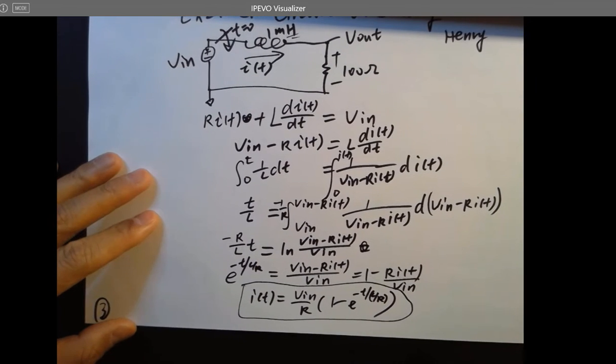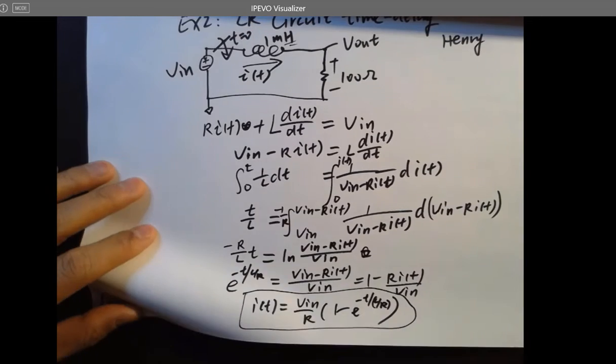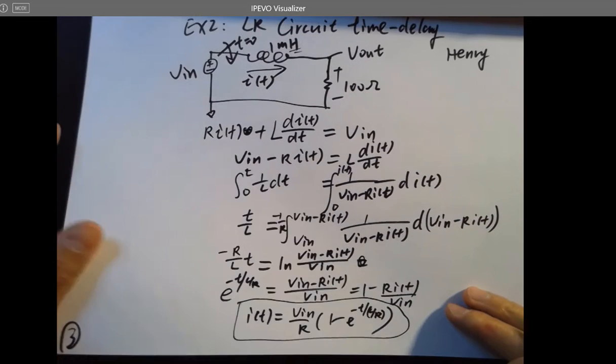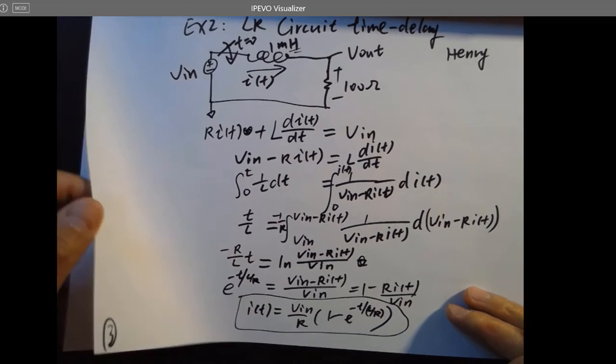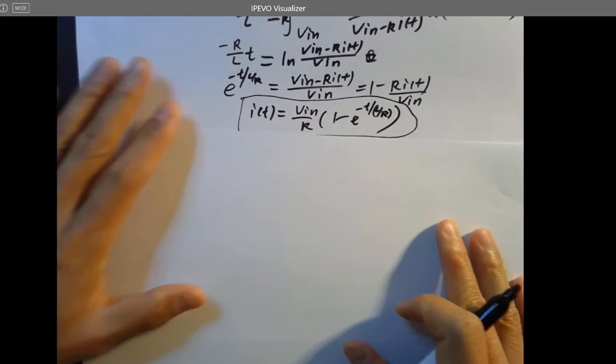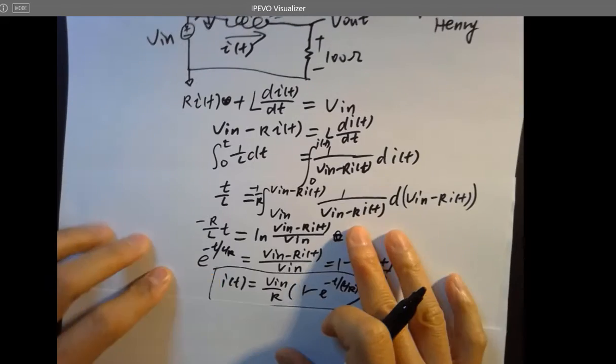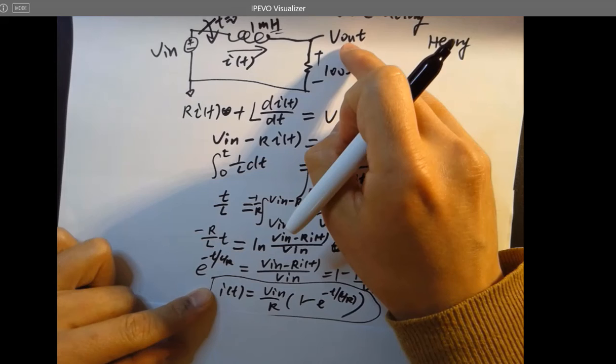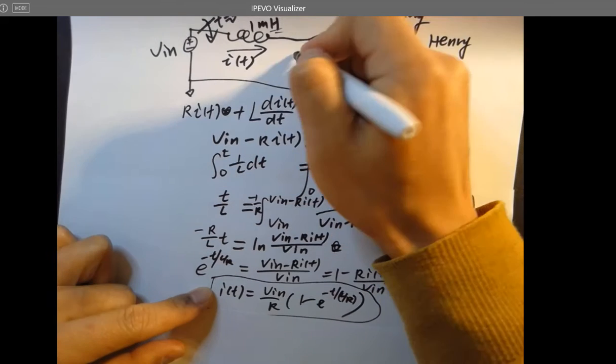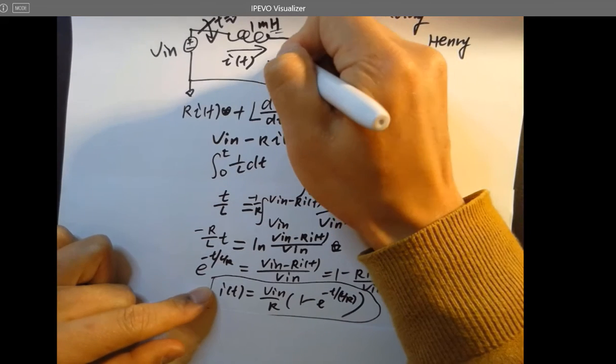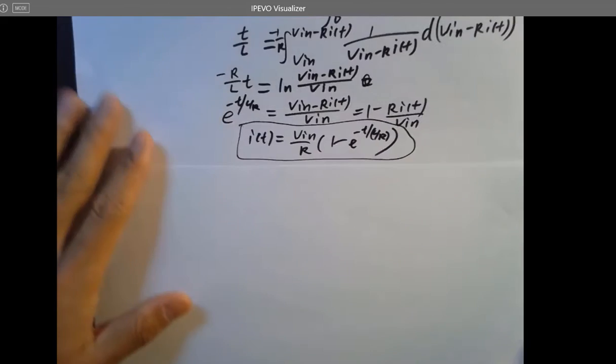So if you want to look at time delay, which is the V out compared to V in, you have to convert the current into voltage, which is understandable because I(t) is the current that flows through this resistor. If you want to get V out, it's just simply times R, right? So I(t) times R will be V out. So let's do that.